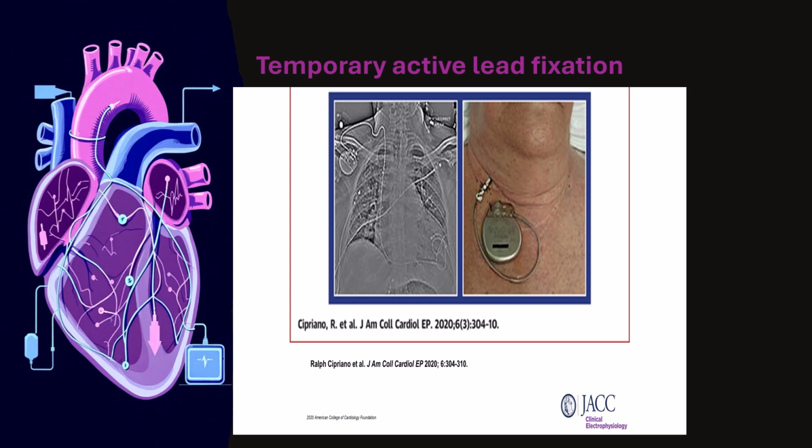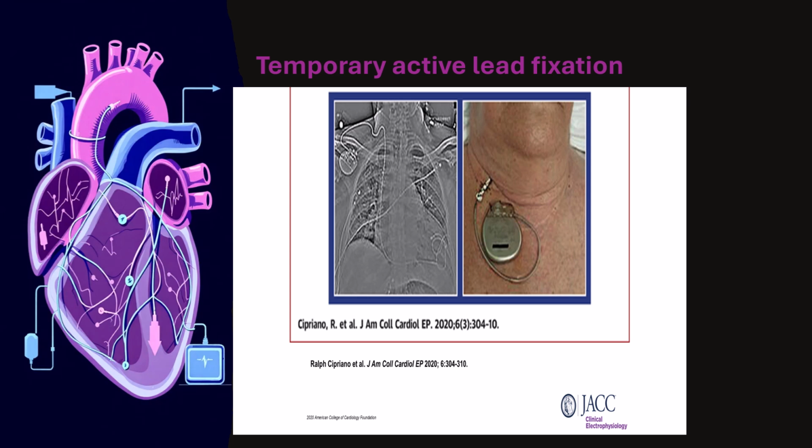So in this case, we will use the lead of a permanent pacemaker entering through the internal jugular, and the lead is fixed outside the body to the skin. Then we connect it to the battery, so the patient can easily mobilize, and there is no risk of infection.